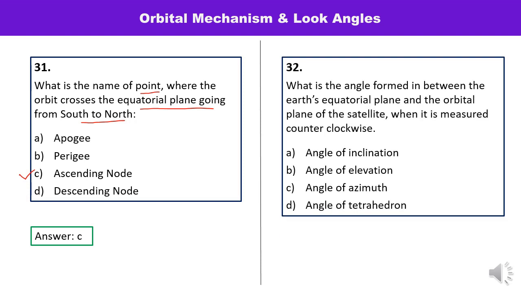In the next question, what is the angle formed between the Earth's equatorial plane and the orbital plane of the satellite? That angle between the Earth equatorial plane and the plane of the satellite is known as the angle of inclination. It is denoted as I. So A is the correct answer.